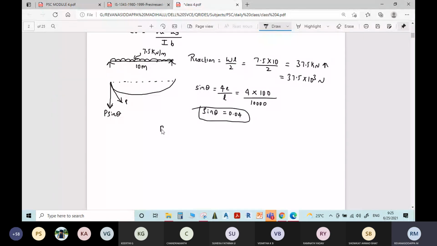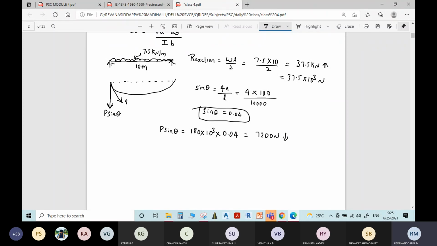Therefore, P sin theta will be equal to P, 180 kilonewton, 180 into 10 power 3, into 0.04, is equal to how much? 7200 Newton. This P sin theta is in the vertically downward direction, so downward direction means negative sign.